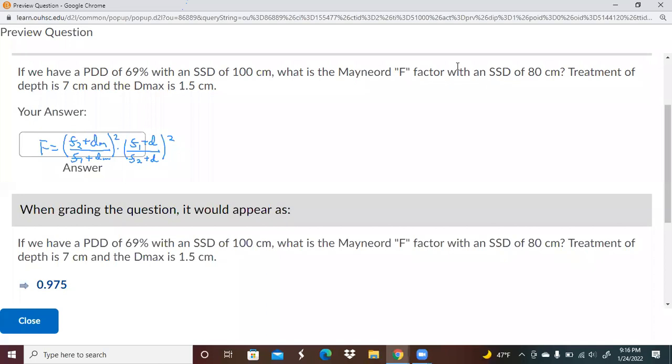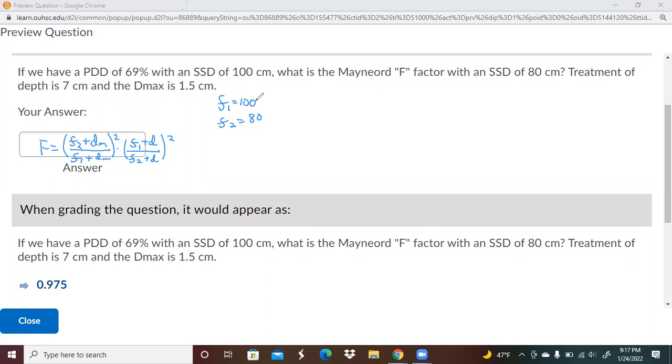So let's write down and identify exactly what these variables mean and how they're identified. The original SSD that we have is going to be 100. The SSD that we're moving it to is going to be 80.